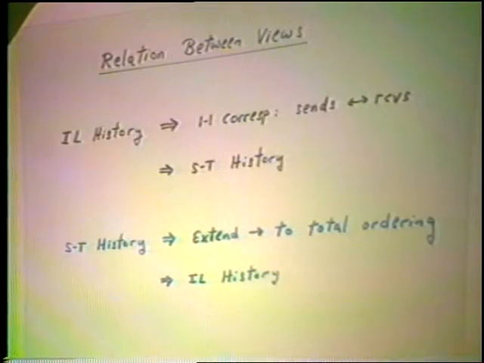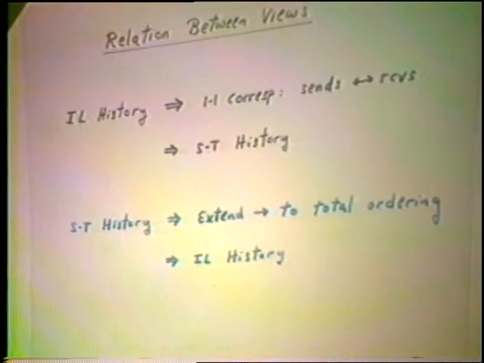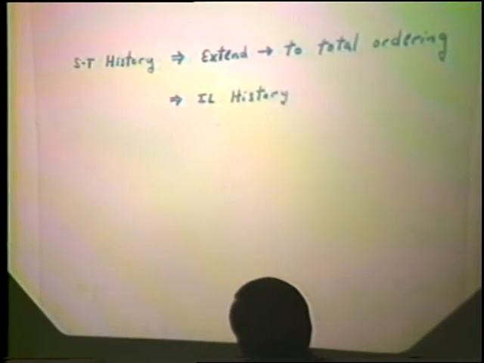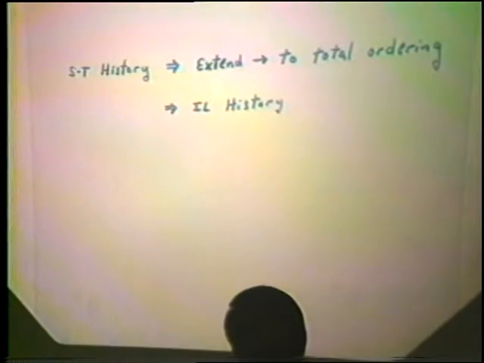Yes? Given a particular set of local histories, there is any number of system histories that can include that, right? Well, no. Starting from the interleaving history, there's only a single space-time history that we get to. But starting from a space-time history, there are lots of ways to extend an arbitrary partial order to a total ordering. So there are a lot of different interleavings, different total orderings we can get, which will give us different interleaving histories.